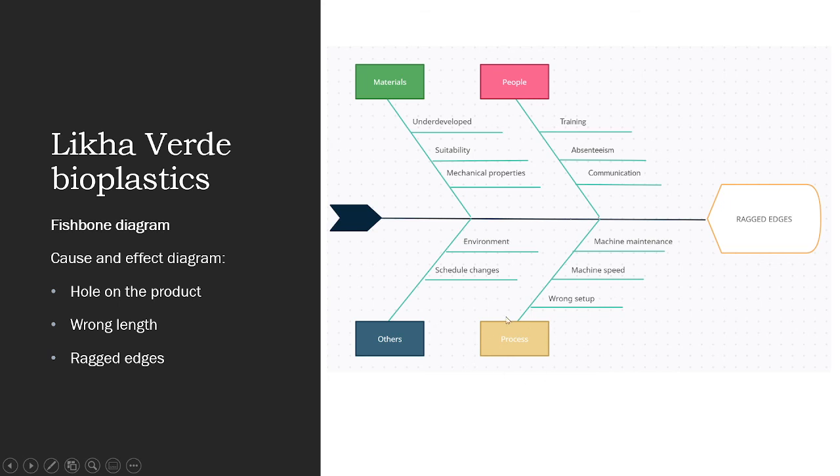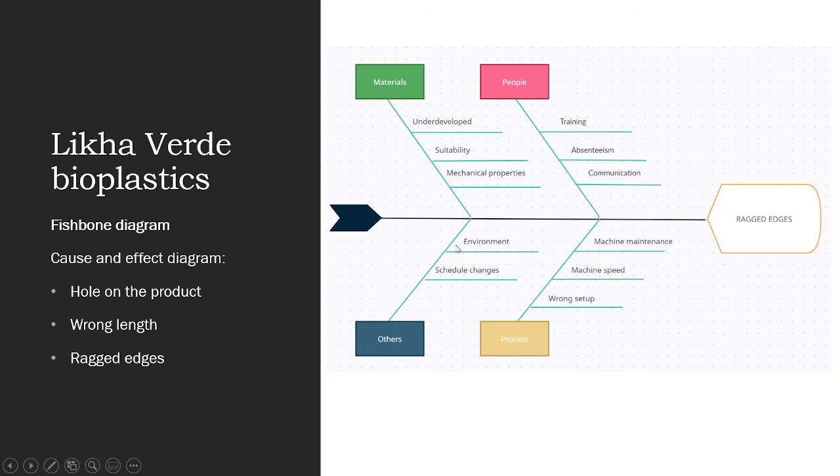Next is the process. Maybe the process has a wrong setup, the machine has the wrong speed, or the machine maintenance is not good for the production. Maybe the machine is broken or has a flaw.